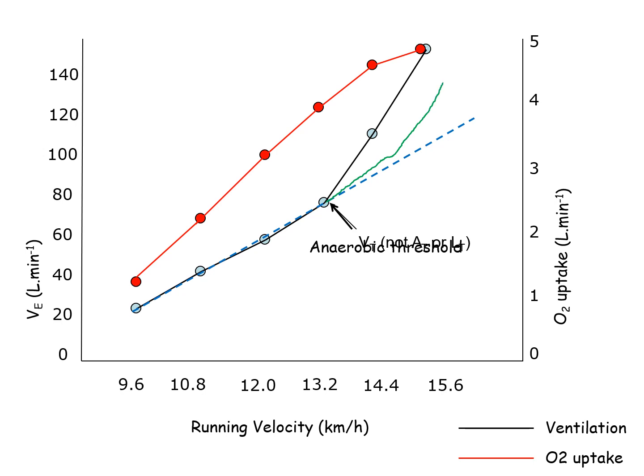So this will be VT1, and this point where there's a secondary break in linearity will be VT2, and this is where we see a significant accumulation of lactic acid occurring. Okay, let's get rid of those.